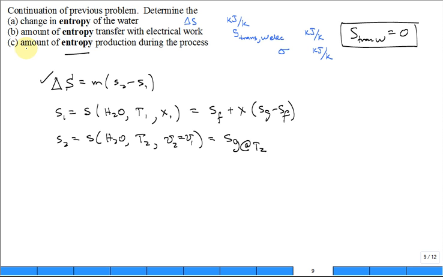Now, the last one, the amount of entropy production during the process. Finally, we're going to do the second law for the process. What does that equation look like? S2 minus S1. How does the entropy of the system change? It can change by bringing in entropy with the heat, right? That was Q over T_B if it's a constant boundary temperature, right? And then we'll have plus entropy generation.